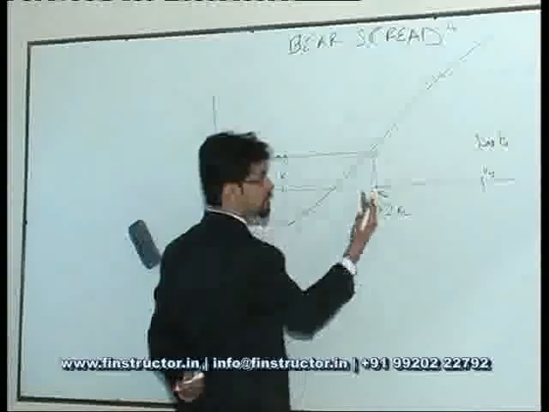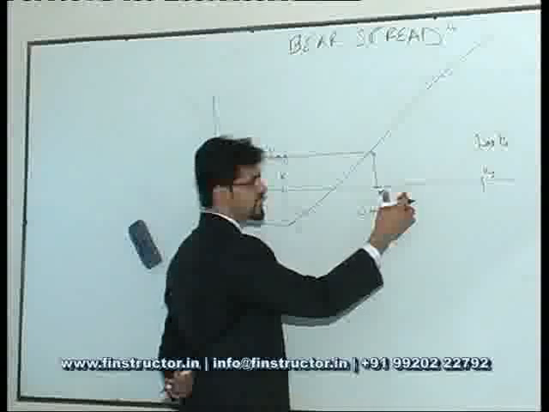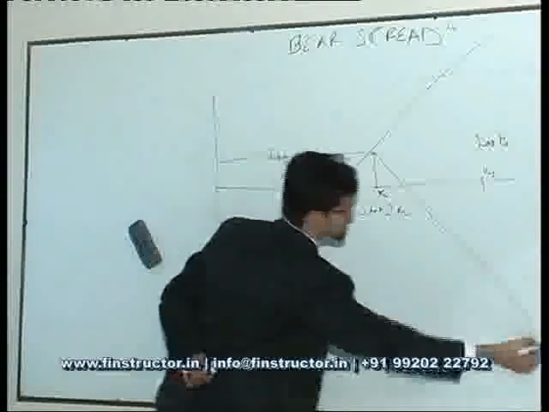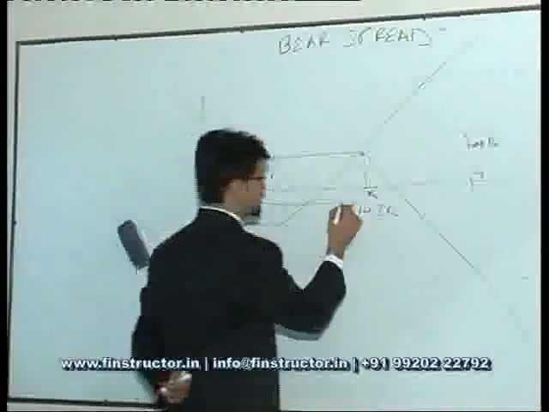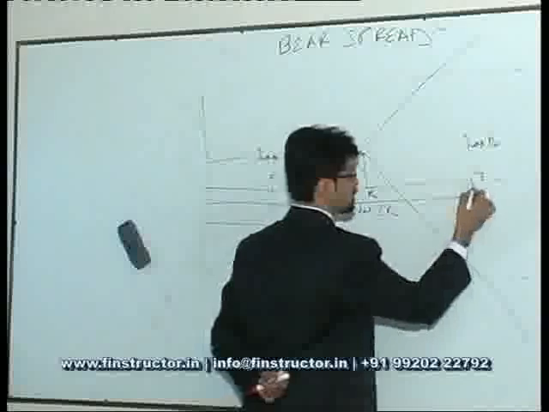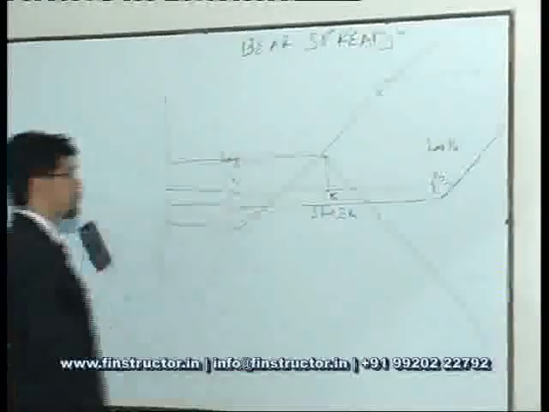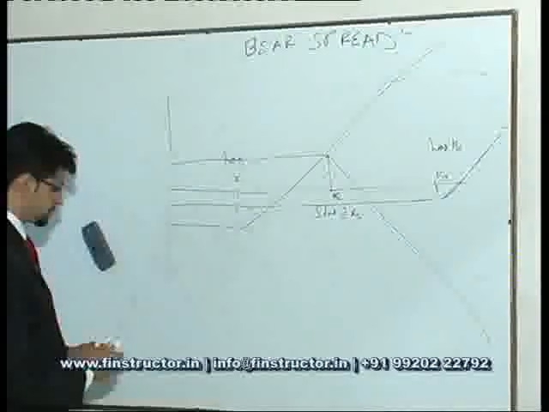So it will not be 45 degrees, it will be a much steeper curve down because I am shorting 2 options. Again, for my final option K3, you have the lowest premium, and it's my standard long call, so the 45-degree line.